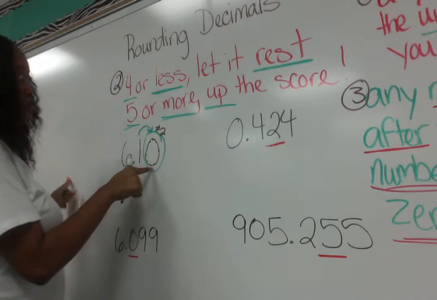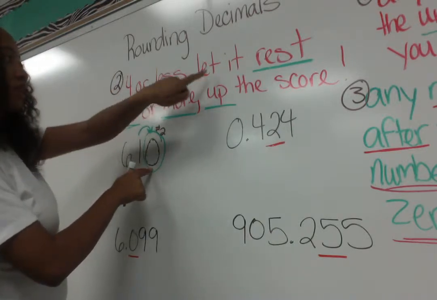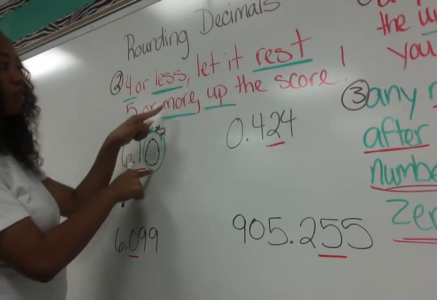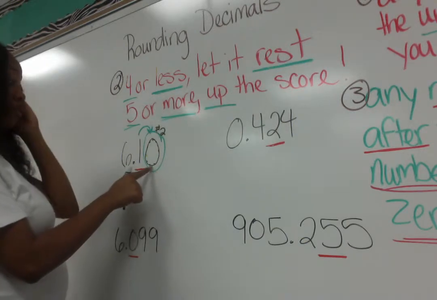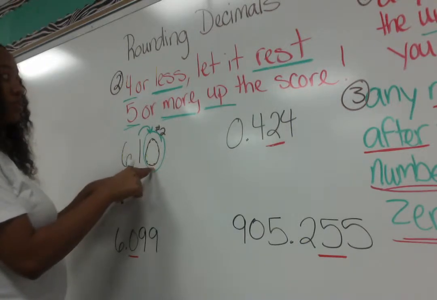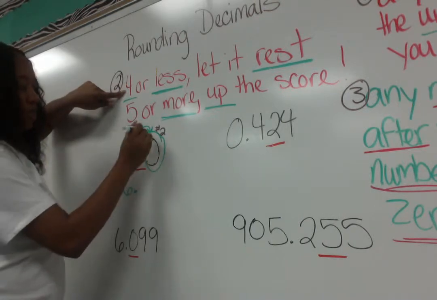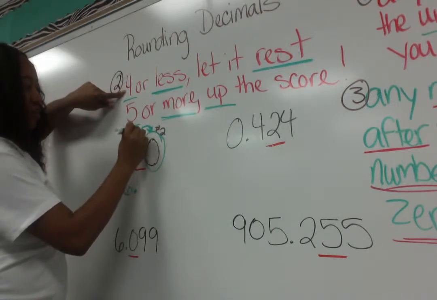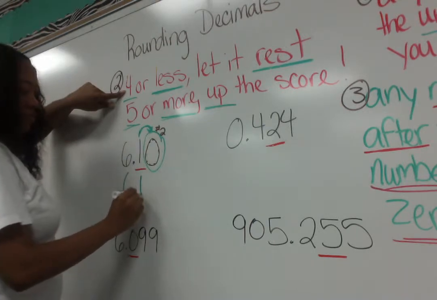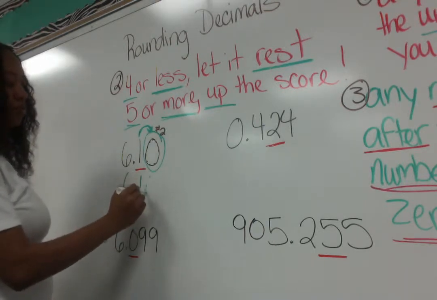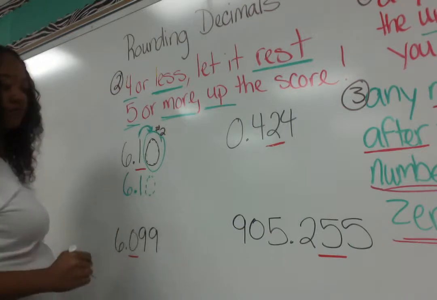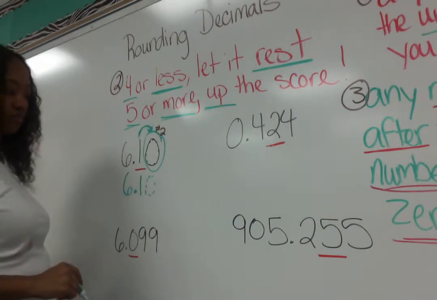I have a 0. 4 or less, let it rest. 5 or more, up the score. This is 0, which follows the first sentence, so I'm going to leave this one alone. If you want, you can put your invisible 0 back. You don't have to.